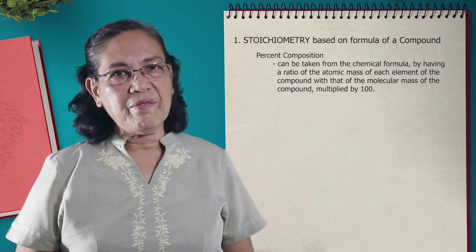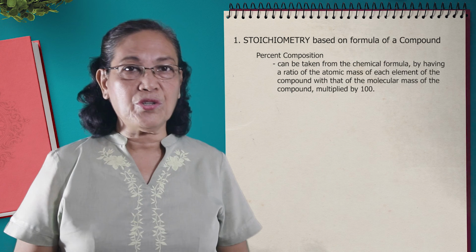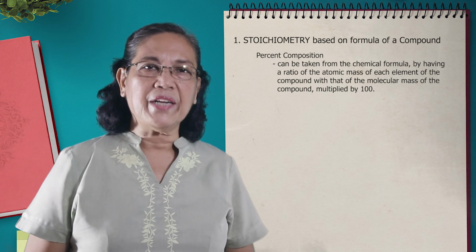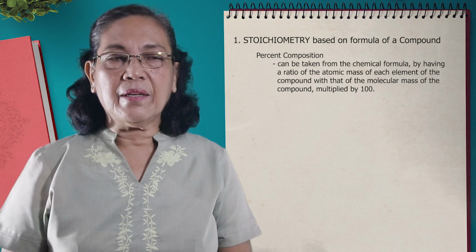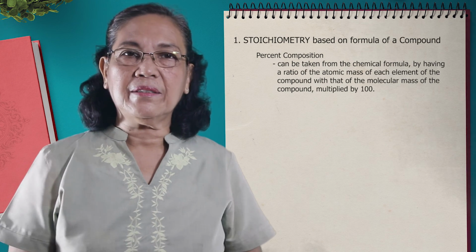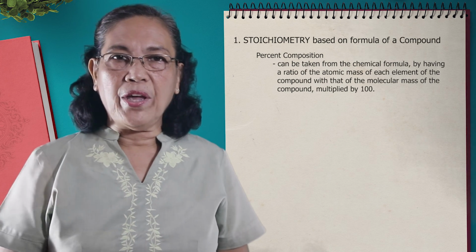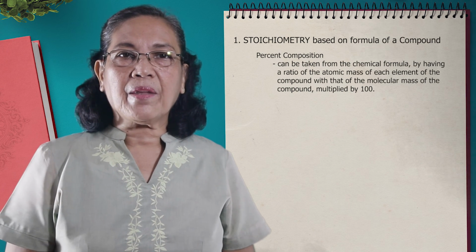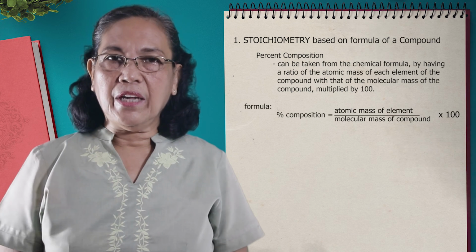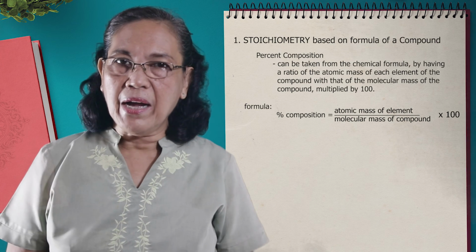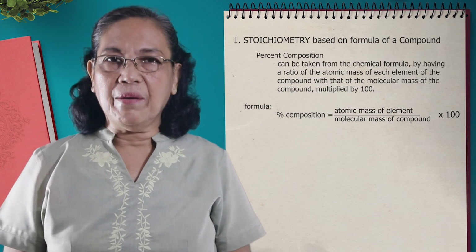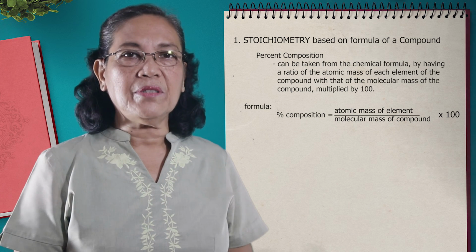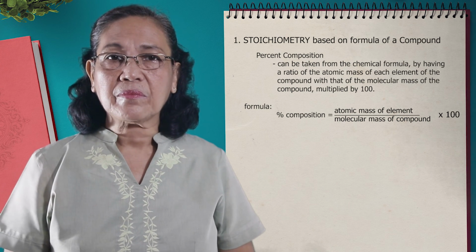So it would be very important that you should know how to write correctly the formula of the compound. In determining the percent composition, we use the formula: percent composition equals the atomic mass of the element divided by the molecular mass of the compound times 100.